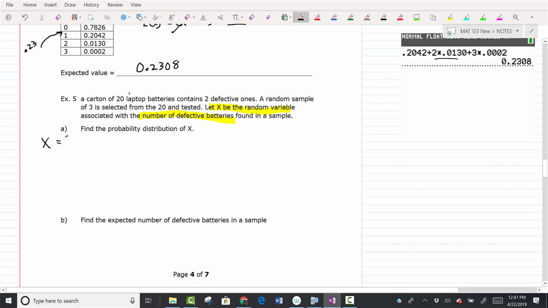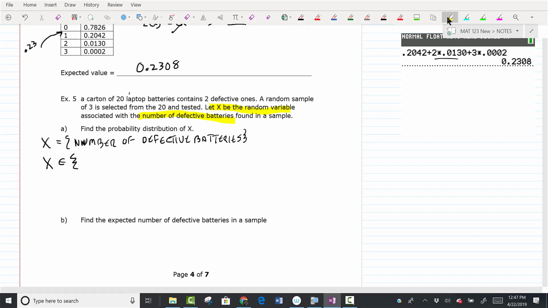Okay, we're going to start like this when you do the problem. The variable X is going to represent the number of defective batteries. And then we got to define what that set is going to be by reading the problem. We need to figure out what are the possibilities on this. Okay, so basically the problem says you have 20 batteries and then there's 2 defective ones.